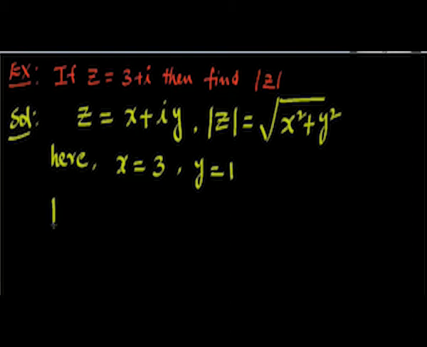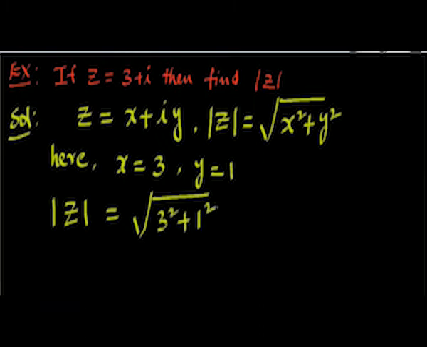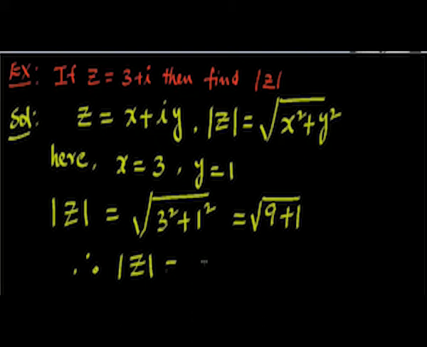Now mod z is equal to under root 3 square plus 1 square, that is equal to under root 9 plus 1. So therefore the modulus of the given complex number mod z will be under root 10.